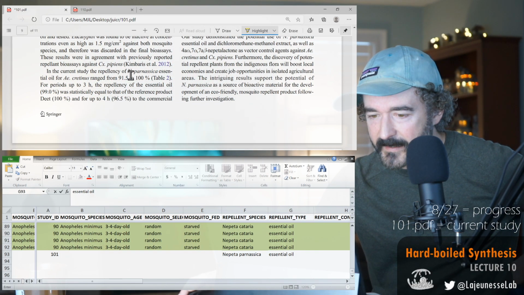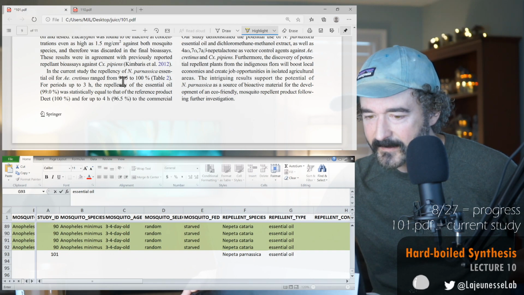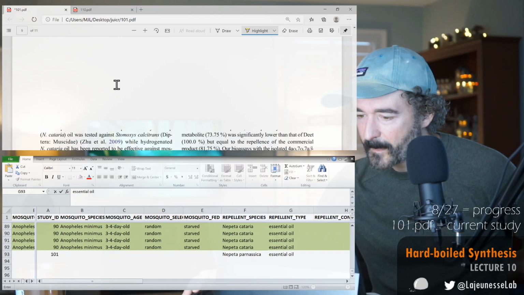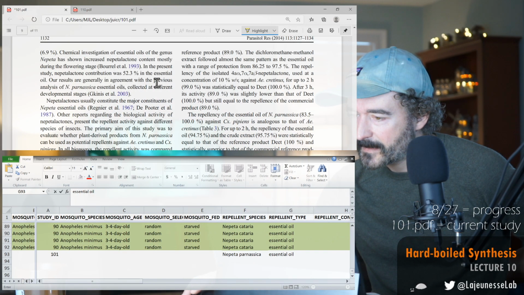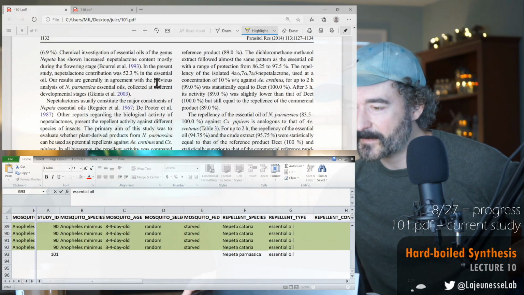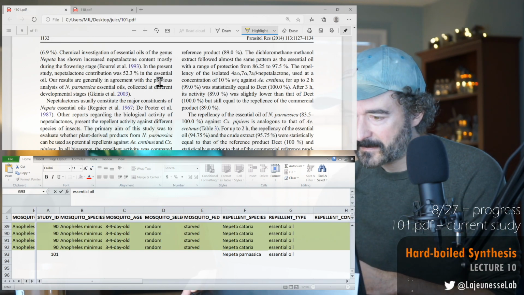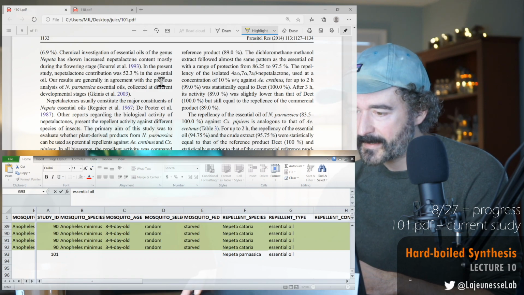Current study, repellency of the essential oil was statistically equal to DEET. And then a commercial reference product, dichloromethane methanol extract. Okay, so this must have been a pattern as essential oil. I'm going to ignore that.